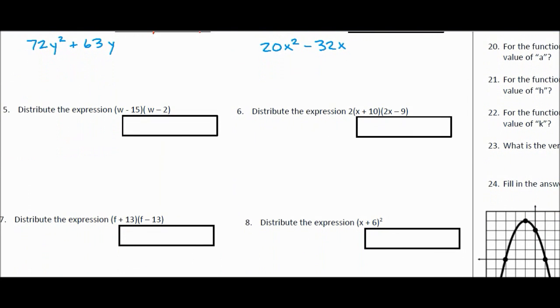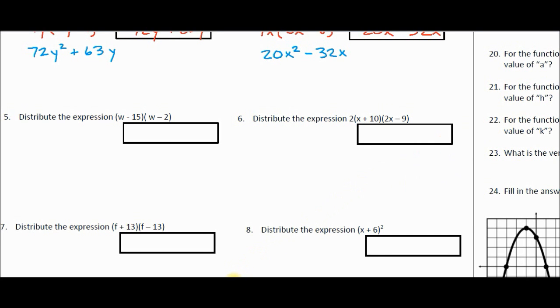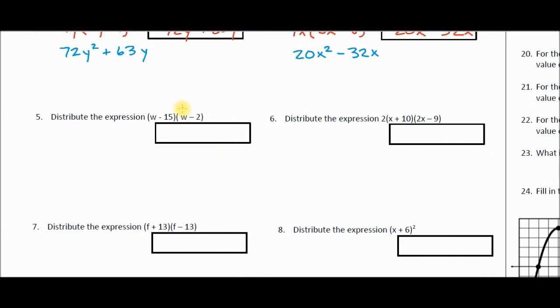Question number 5. Now we have a binomial times a binomial. Let's go ahead and rewrite that. What's w minus 15 times w minus 2? So we have w minus 15 times w minus 2. We're going to follow our rules of distribution, class.